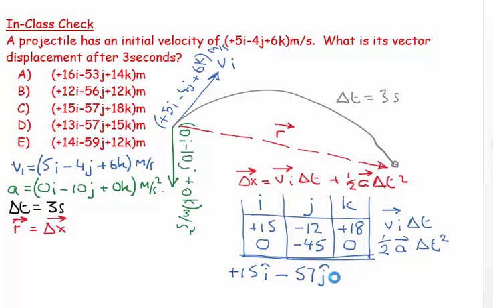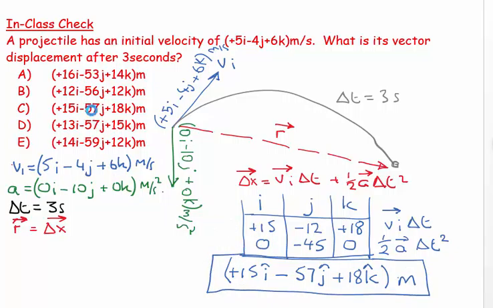This is 18 plus 0, which is plus 18k. And this is a displacement, so that will be in meters. So there's my answer. It's plus 15, minus 57, plus 18.